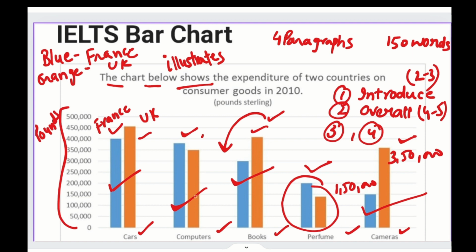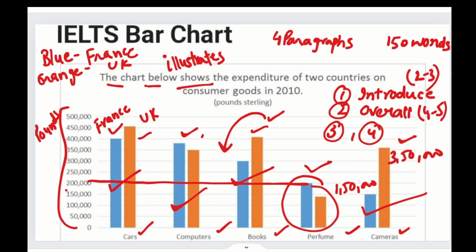So here we have discussed all the categories, the only category left being perfume. When you compare the whole data with the graph, £200,000 was spent by France and then near about 150,000 was spent by the UK.